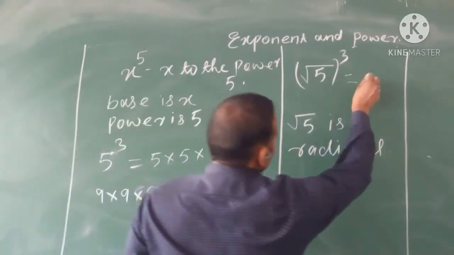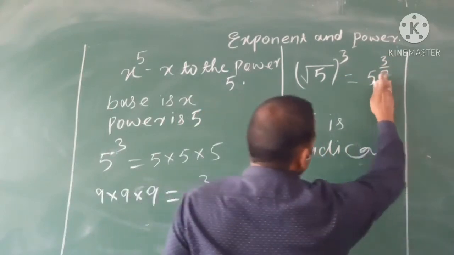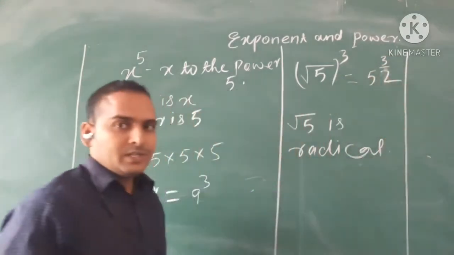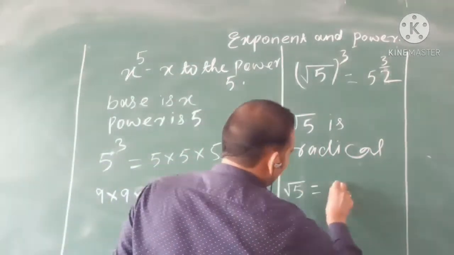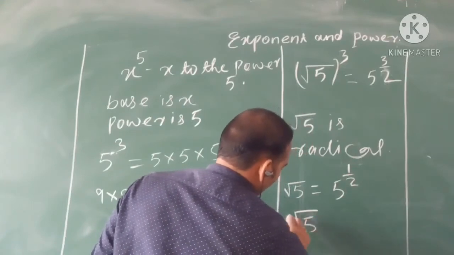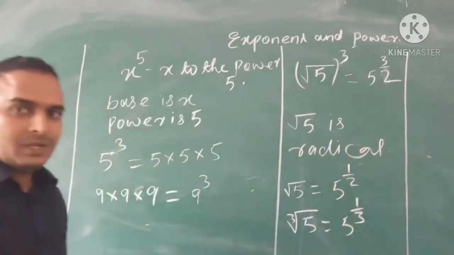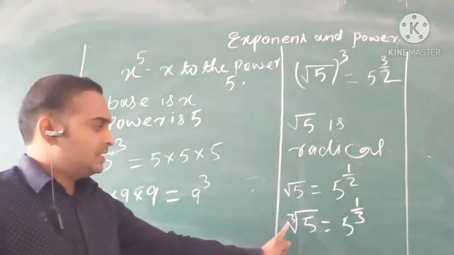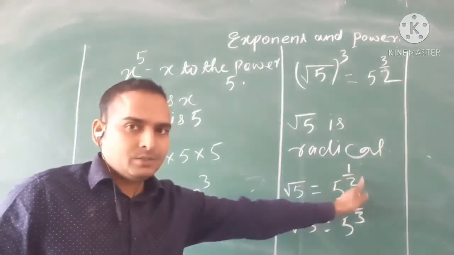And this means 5 to the power 3 by 2. Okay. One thing you must remember, root 5 equal to 5 to the power half, cube root of 5 is 5 to the power 1 by 3. This 3, that is 1 by 3, this 2, 1 by 2.